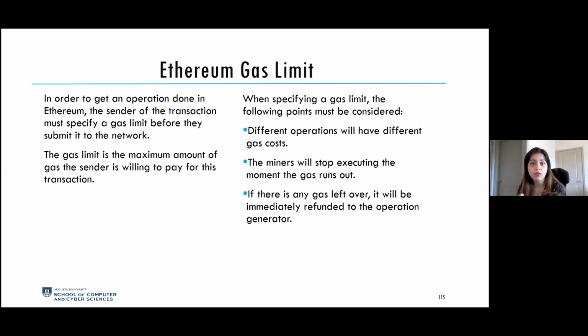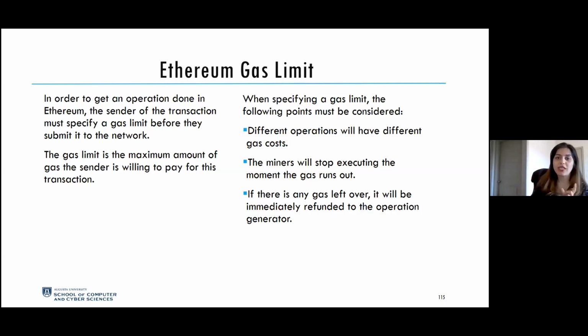It depends on the amount of computation. So the amount of gas you specify should be slightly higher than the computation that you expect, because if the computation goes beyond the gas limit that you have specified in your transaction, and the smart contract has not finished its steps, the node that was trying to execute your transaction does not have enough gas to do it. So the whole process will go back and you have wasted your gas.